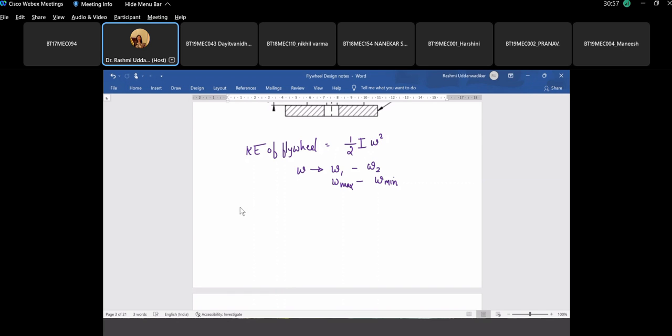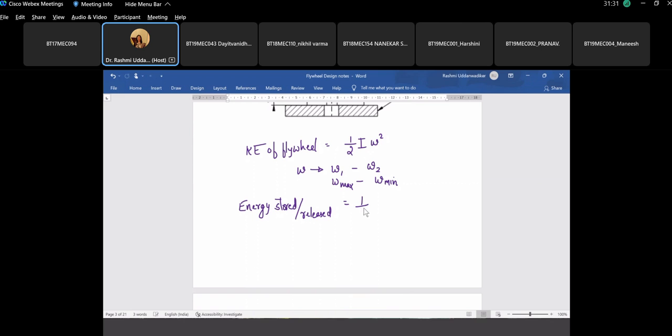So during this variation, the amount of energy that gets stored in the flywheel, or the amount of energy which is released from the flywheel, depends upon the requirement of the torque. If the excess power is generated, the energy is stored in the flywheel. If more torque is required, then the energy is released from the flywheel.